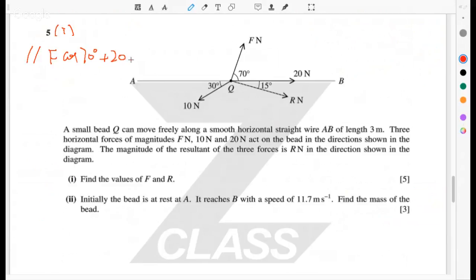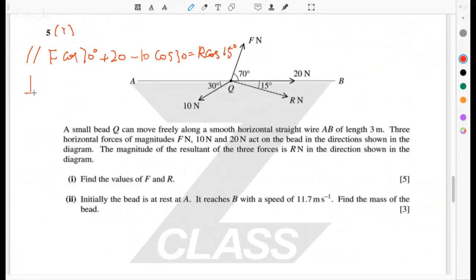And we have a force acting to the left, that's 10 cos 30, and that should be equal to the resultant force acting to the right, and that's R cos 15 degrees.